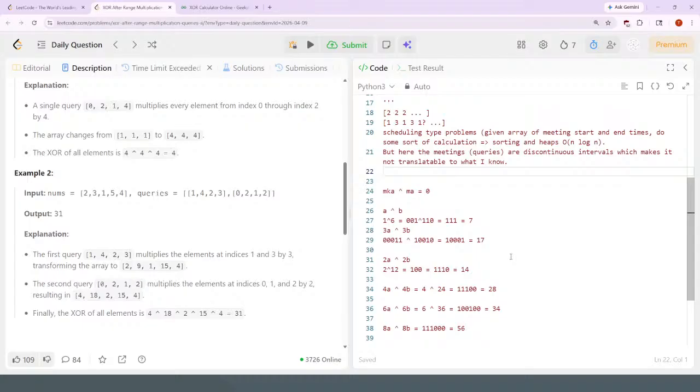Times 2, times 6, times 2, times 6, times 2.